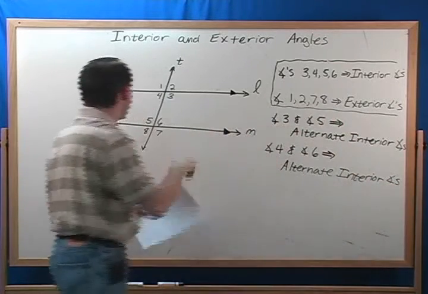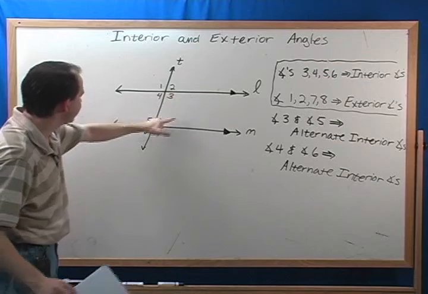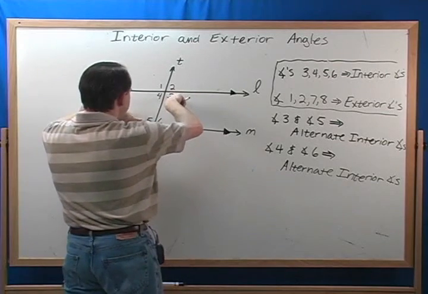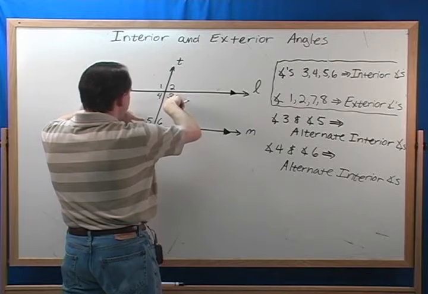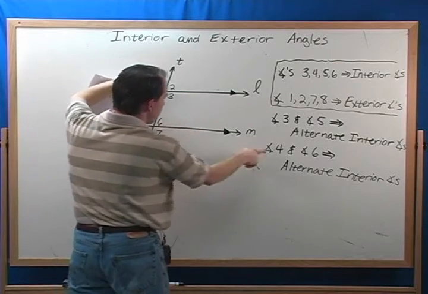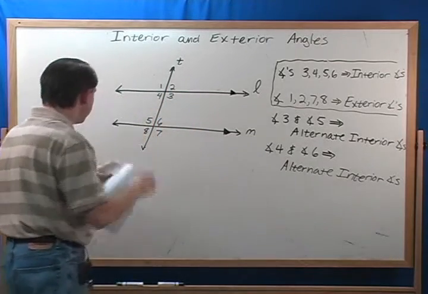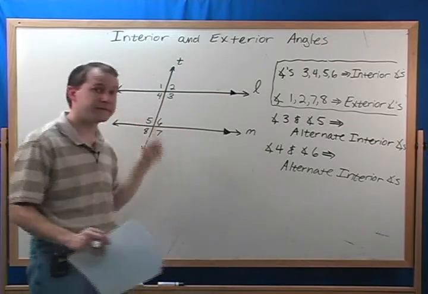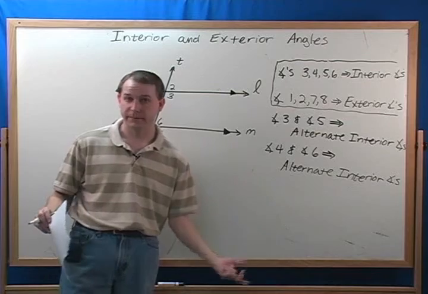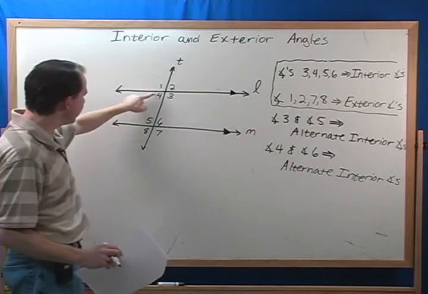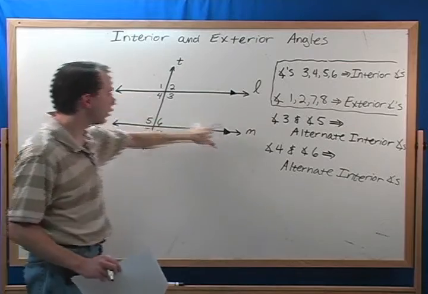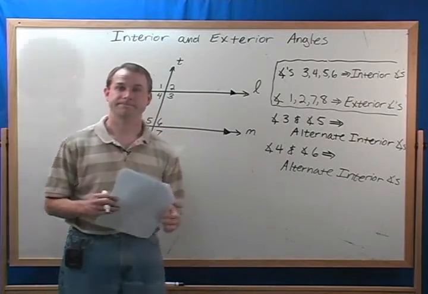So here we have the set of interior angles, and on opposite sides of this transversal we have alternate interior angles. 3 and 5, and 4 and 6 are alternate interior angles. 3 and 6 are not alternate, because they're on the same side of this line. I haven't talked about those yet.